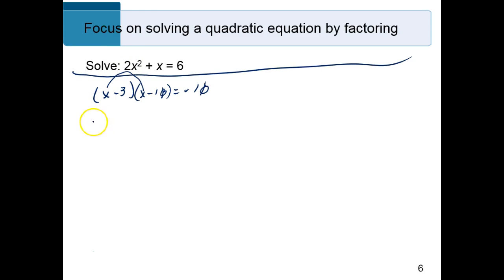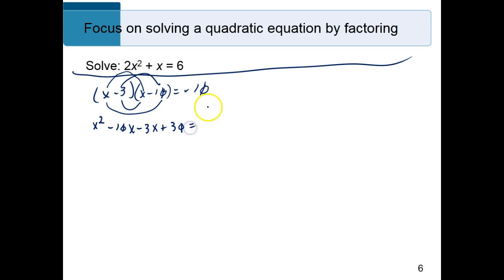x times x is x squared. Then negative 10x and negative 3x, and positive 30.